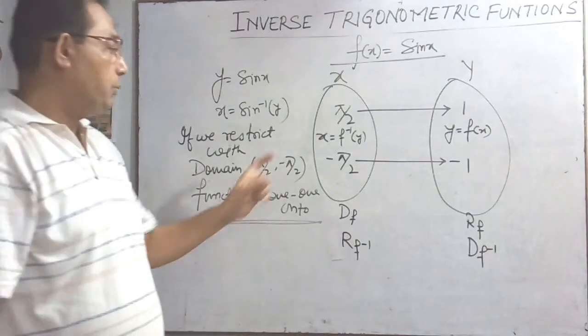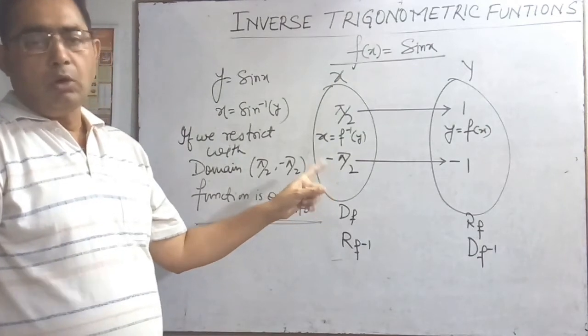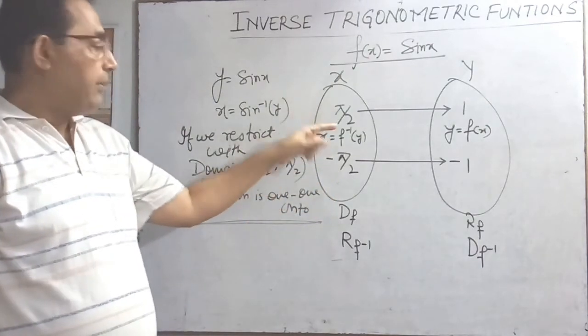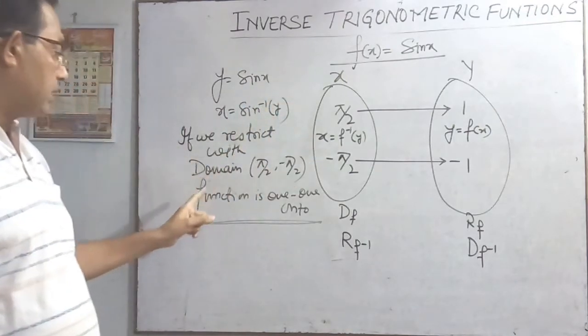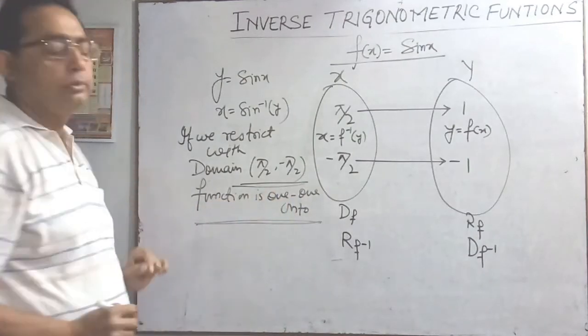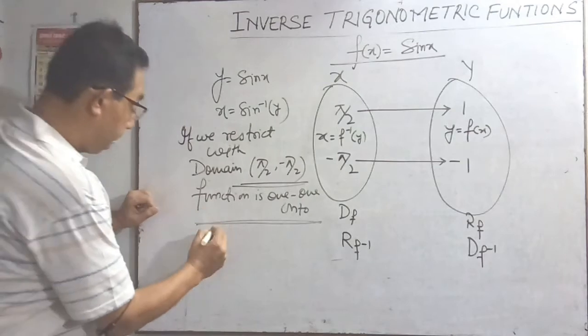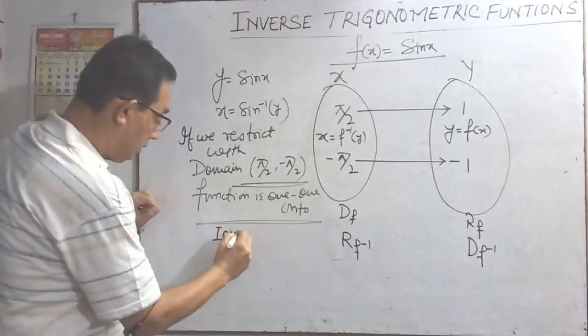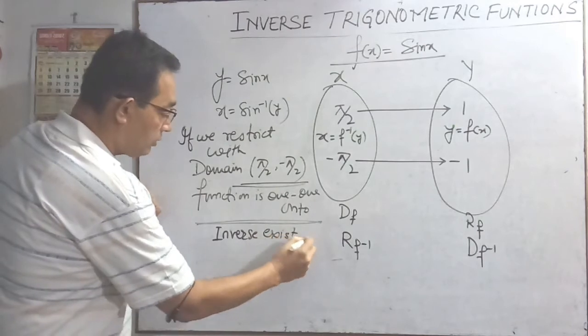If we restrict with these two values, or else pi by 2, 3 pi by 2, minus pi by 2, minus 3 pi by 2, if you restrict with this value, then function is one-one and onto. Inverse exists. Inverse will exist.